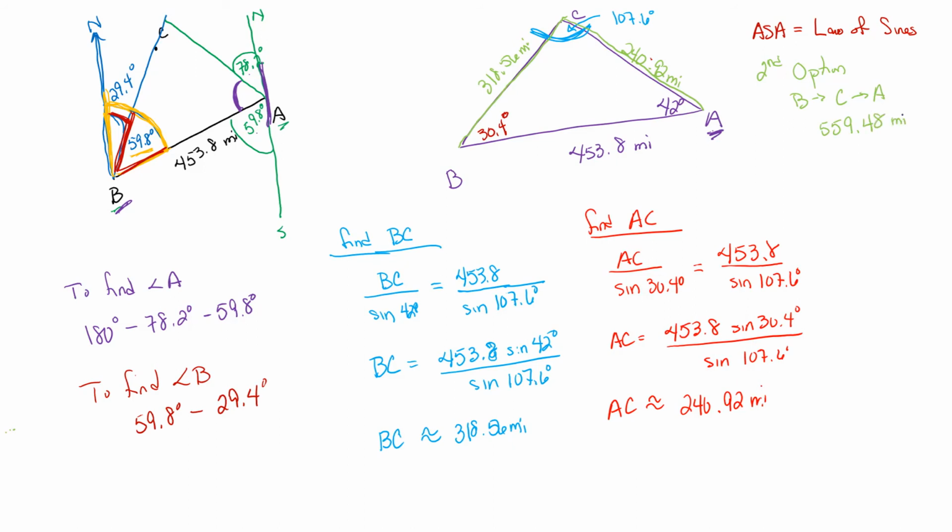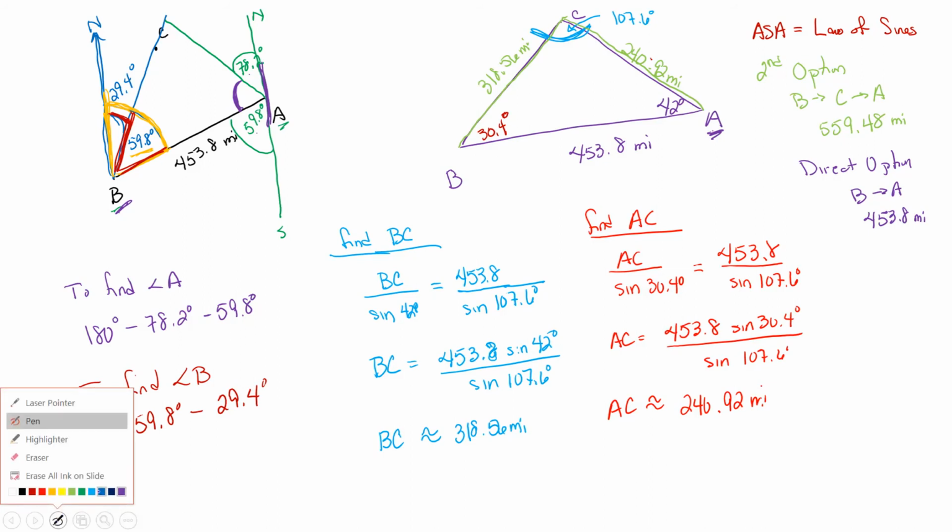Okay, cool. But if he took the direct option, which was B straight to A, that would be only 453.8 miles, wouldn't it?